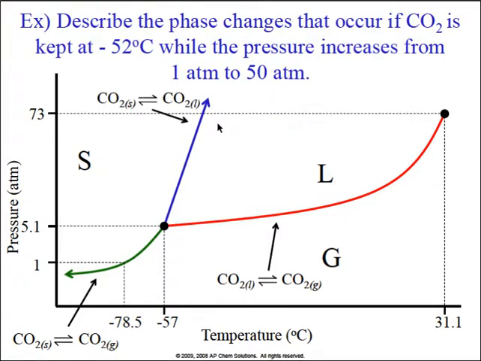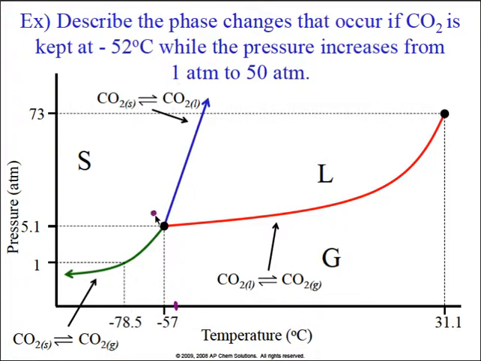Here's an example of a question you might be asked. Describe the phase change that occurs if CO2 is kept at negative 52 degrees while the pressure is increased from 1 to 50 atmospheres. All we have to do is keep it at negative 52 degrees, which is about right there.